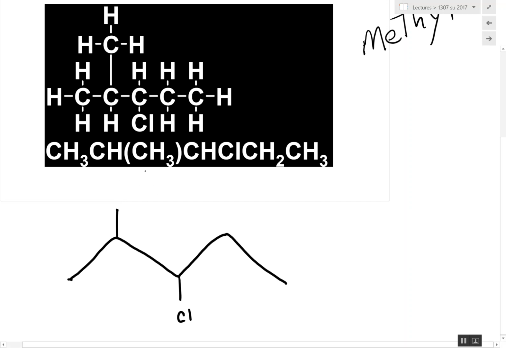Thank you. You don't need to write that, because there's a line, and what would be at the end of that line? A carbon, and it would have 3 hydrogens on it. So you don't have to write the methyl group.